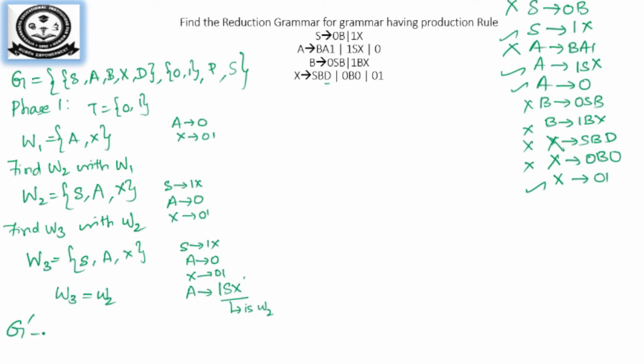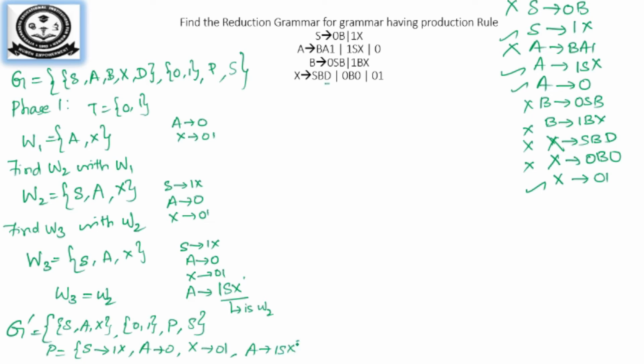So my G dash will have the non-terminal symbols S, A and X, and the terminal symbols are 0 and 1, with the production rules and the start symbol S. So the production rule P will be: S tends to 1X, A tends to 0, X tends to 0, 1, and finally A tends to 1SX.